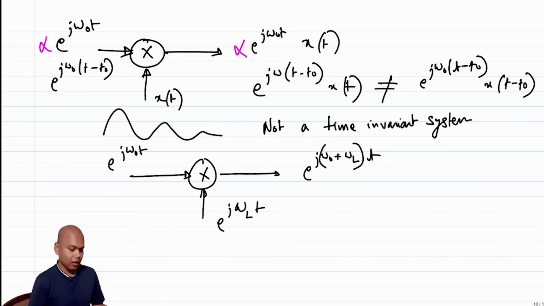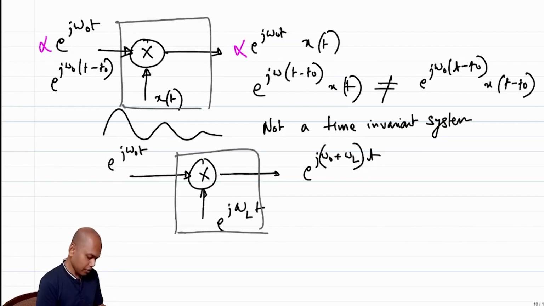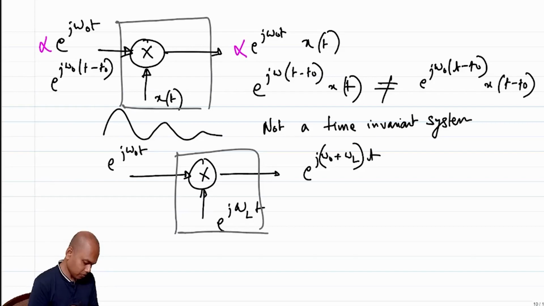right? So what is the frequency of the input? I should maybe be careful and say that this box is your system now, and the input is e to the power j omega naught t. So the frequency of the input is omega naught. The frequency of the output is omega naught plus omega L. So note that there is a frequency change.